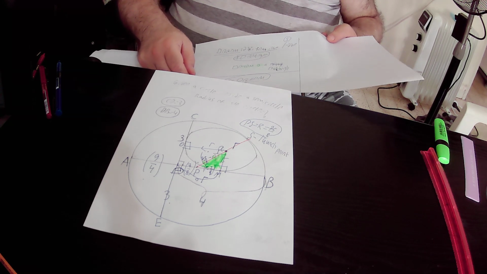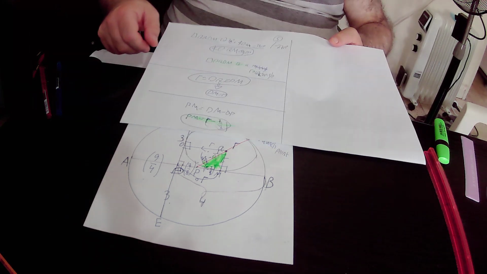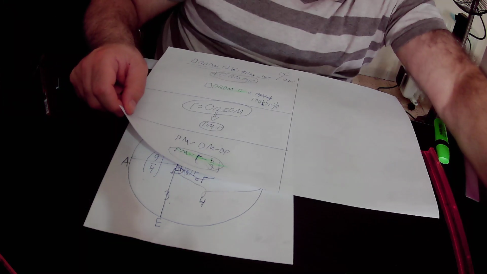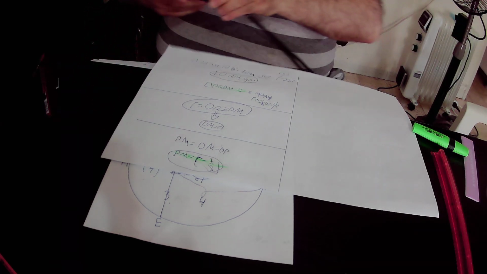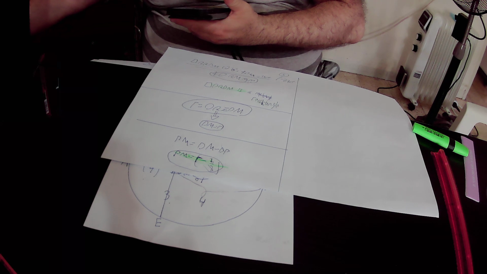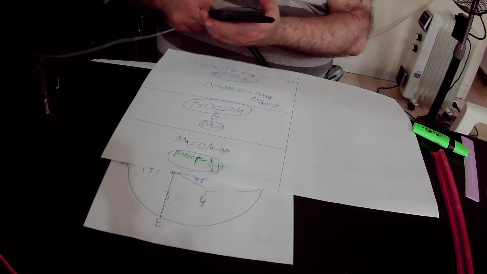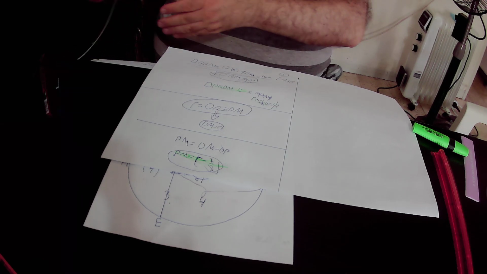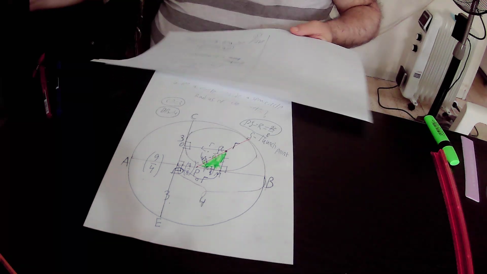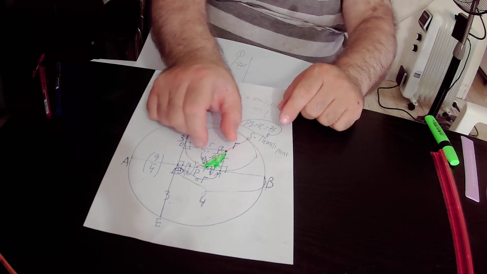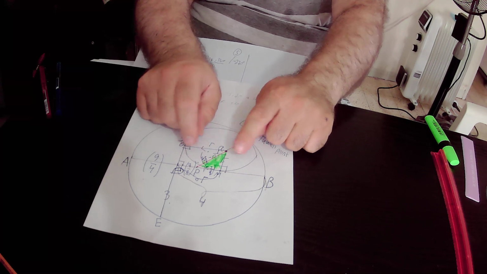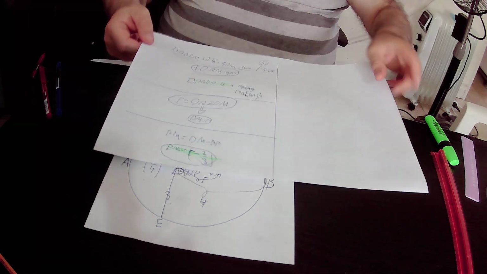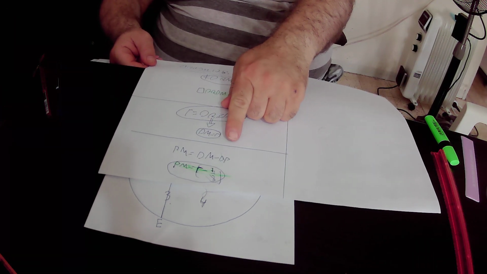Then we find the length of line segment PM. What is the length of line segment PM? It is very easy to see from the drawing that PM equals DM minus DP.